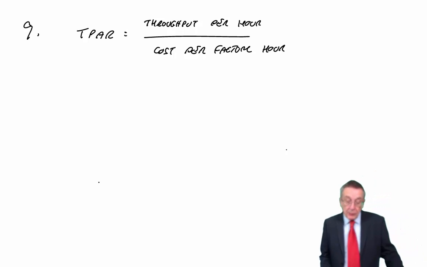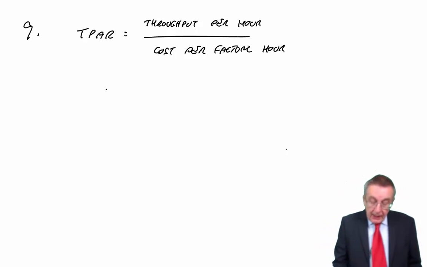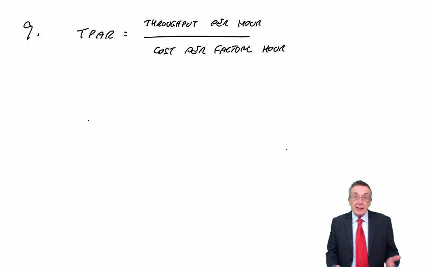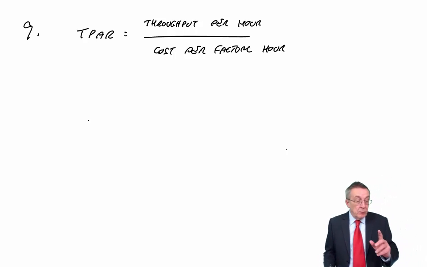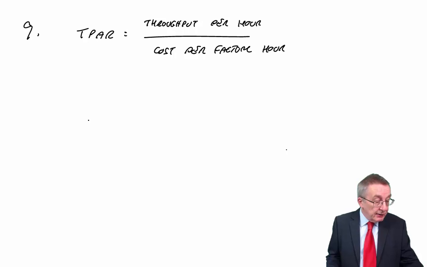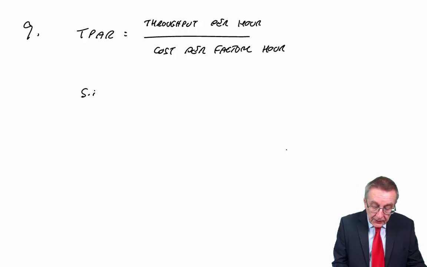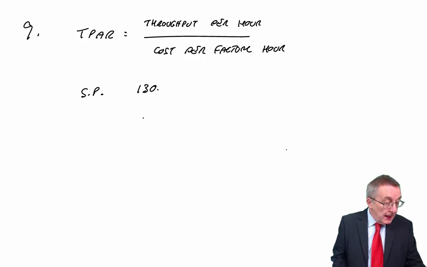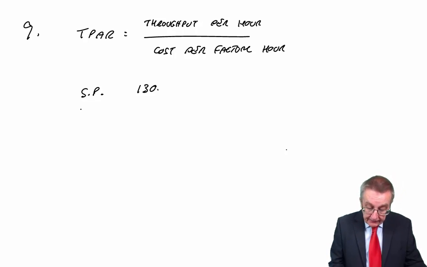So let's do throughput per hour first. The throughput, effectively contribution, but with the only variable cost being materials. So the selling price is 130. The material costs are 50.